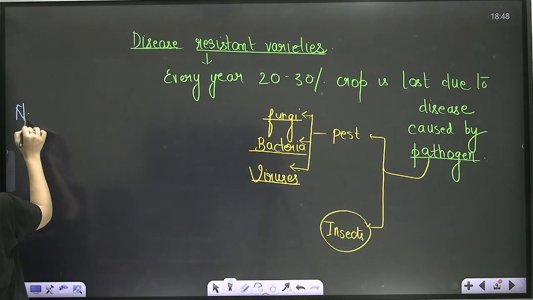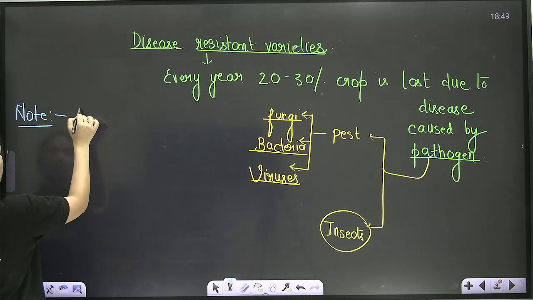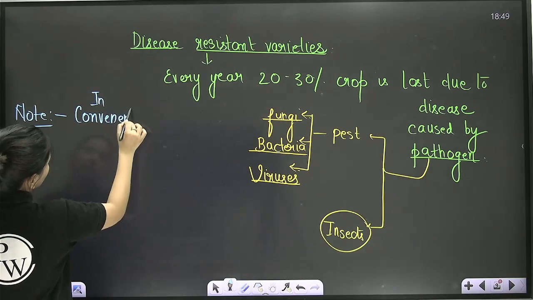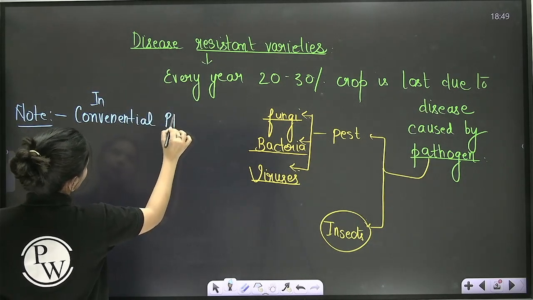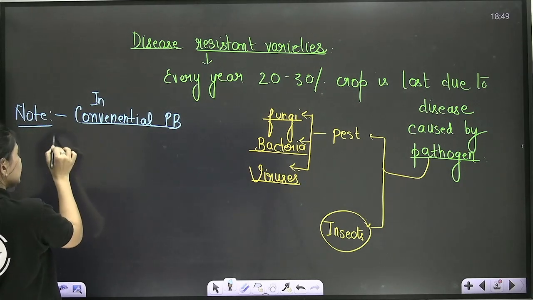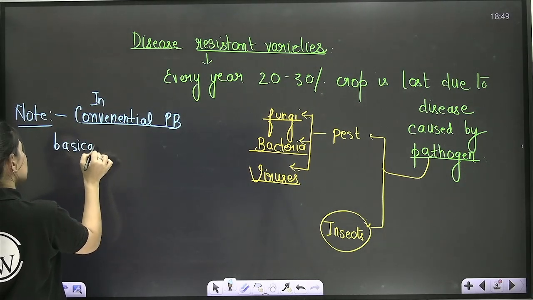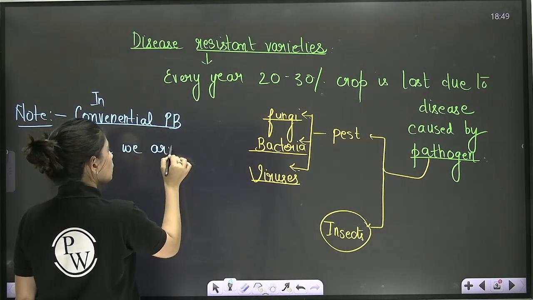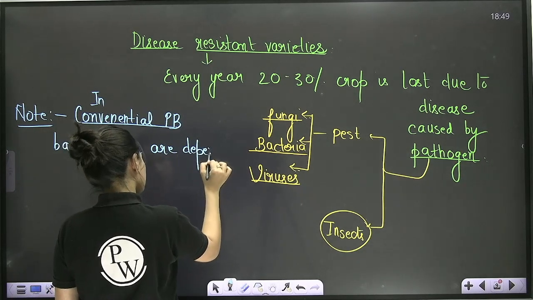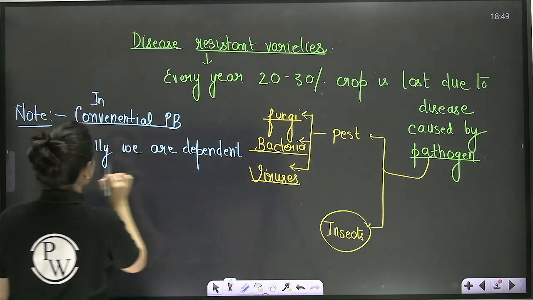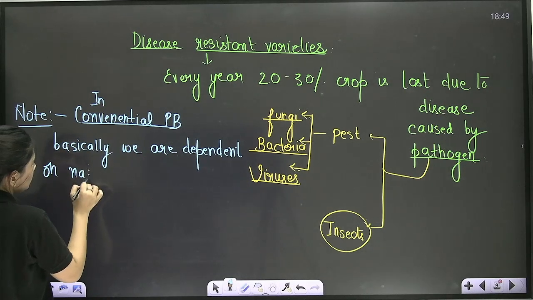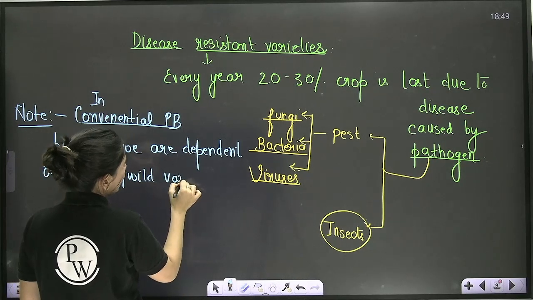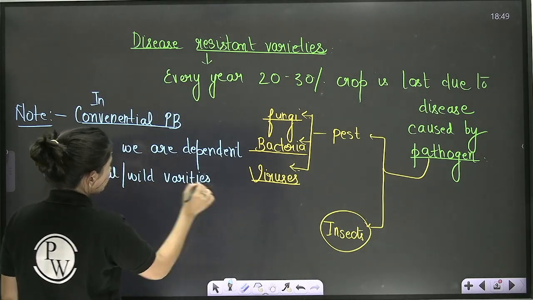So this is the note point that you're going to write over here now. The note point says, it's very important, in conventional plant breeding, beta, basically we are totally dependent on natural wild varieties and their good qualities.